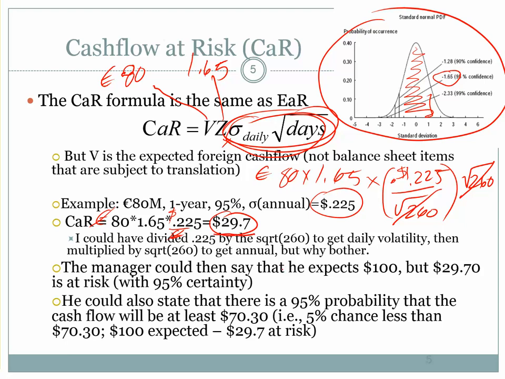Well, you could now say that I expected to get $100 from my 80 euro receivable, and I'm 95% confident I will not get 29.7 less than that. But if you want to be a pessimist, say there's a 5% chance of getting 29.7 less than 100, or 70.3.